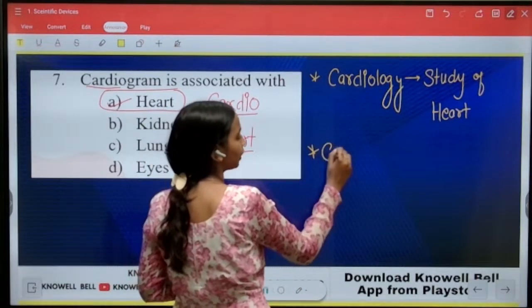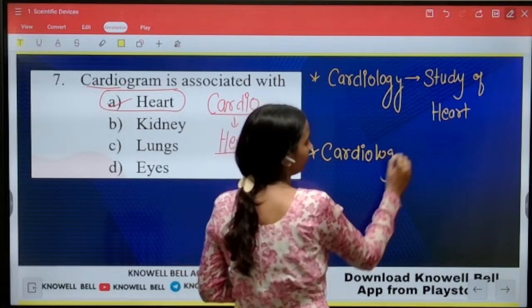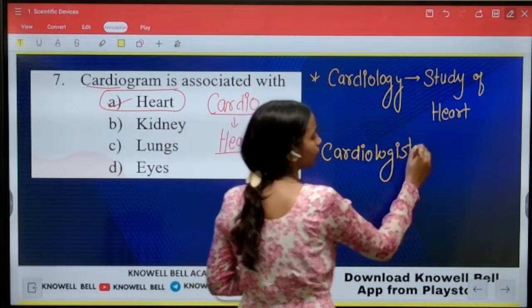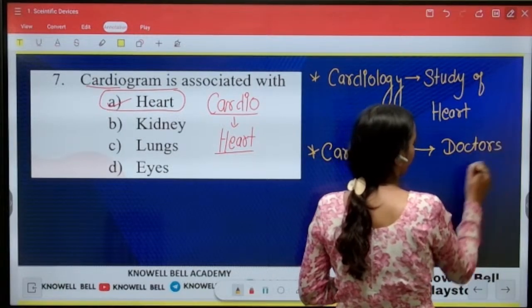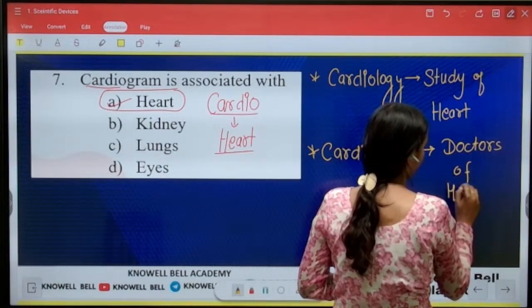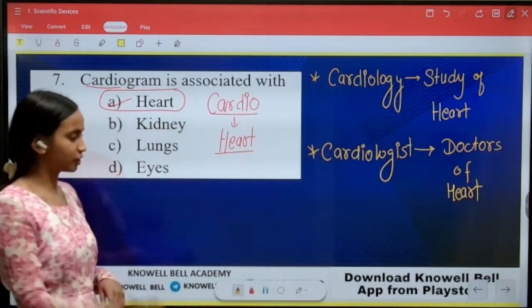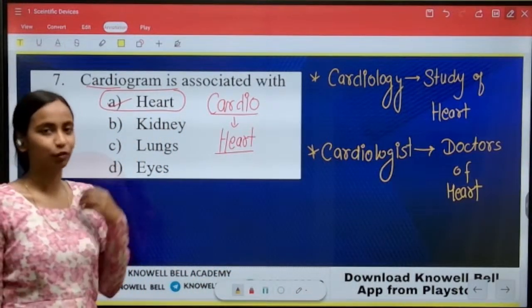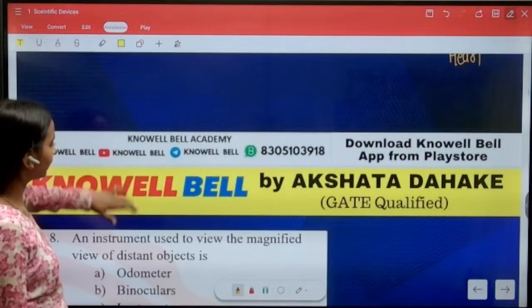And secondly, cardiologist. Who are cardiologists? Cardiologists are doctors of heart. So this you have to keep in mind. Study of heart is cardiology, doctors of heart are cardiologists, and cardiogram is associated with heart.